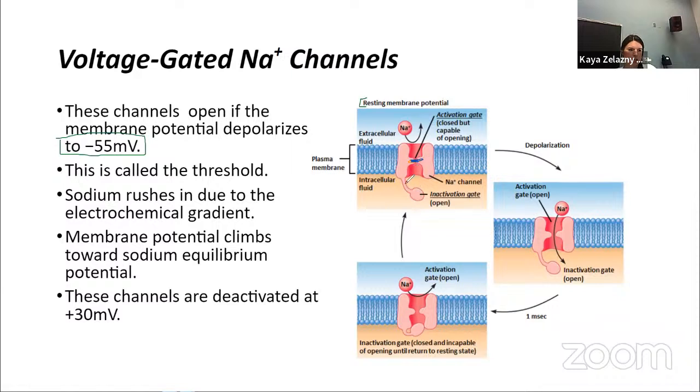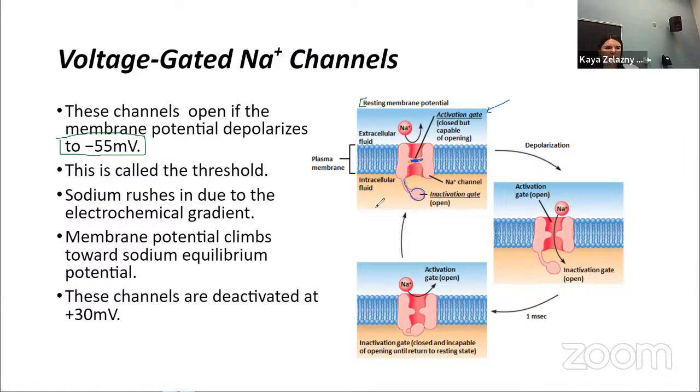And this little ball on a stick is our inactivation gate. At the start, at our resting membrane potential, the reason nothing is getting through is that the activation gate in the center is closed, but it's going to be capable of opening if we reach the threshold.